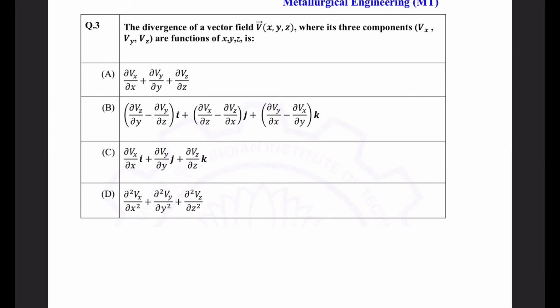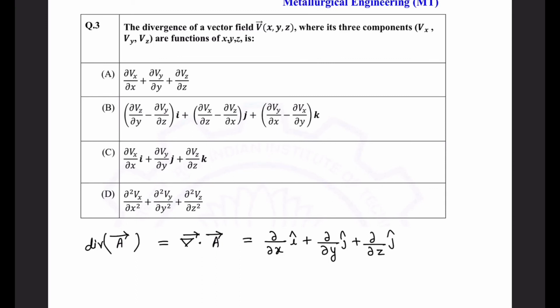Now in this question, they have asked you about the divergence. You must know what divergence is: the divergence of any vector A is del dot A. Del is del by del x i cap, del by del y j cap, del by del z k cap, and any vector A can be written as Ax i, Ay j, Az k.